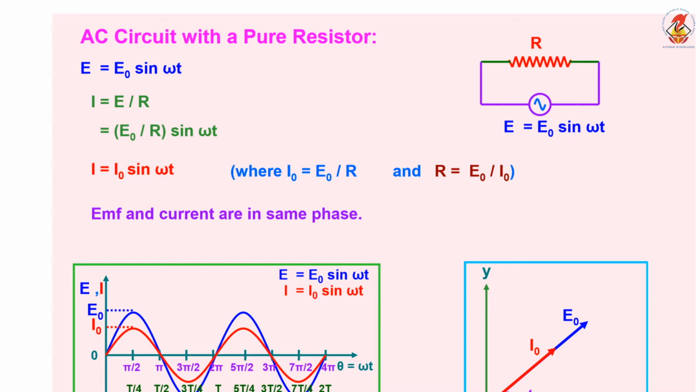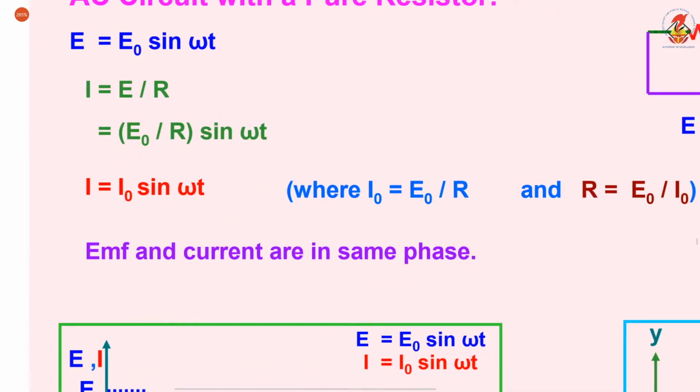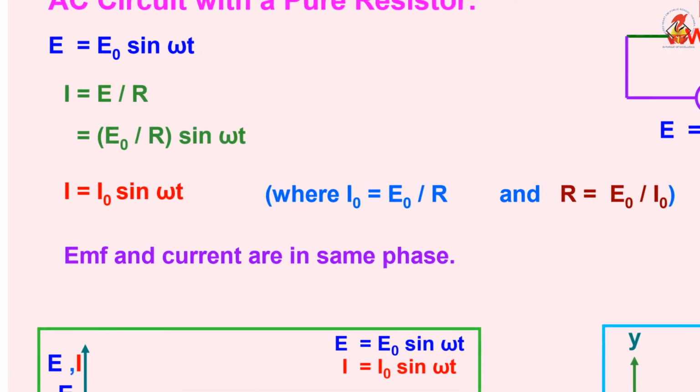E is equal to E0 sine omega t. That is the instantaneous value of AC. Now we know I is equal to E by R. Instead of E I can put E0 sine omega t, so I is E0 sine omega t divided by R. I put E0 by R in the bracket, and you already know E by R is called resistance.